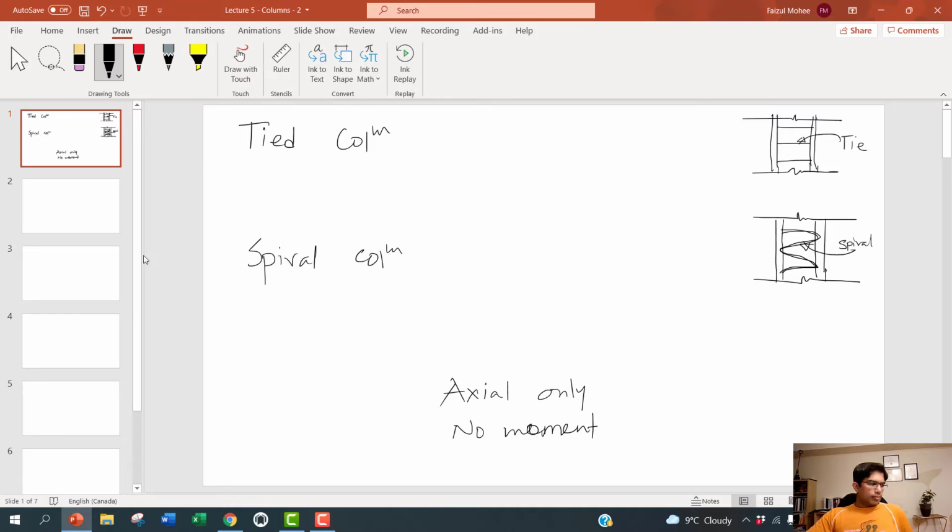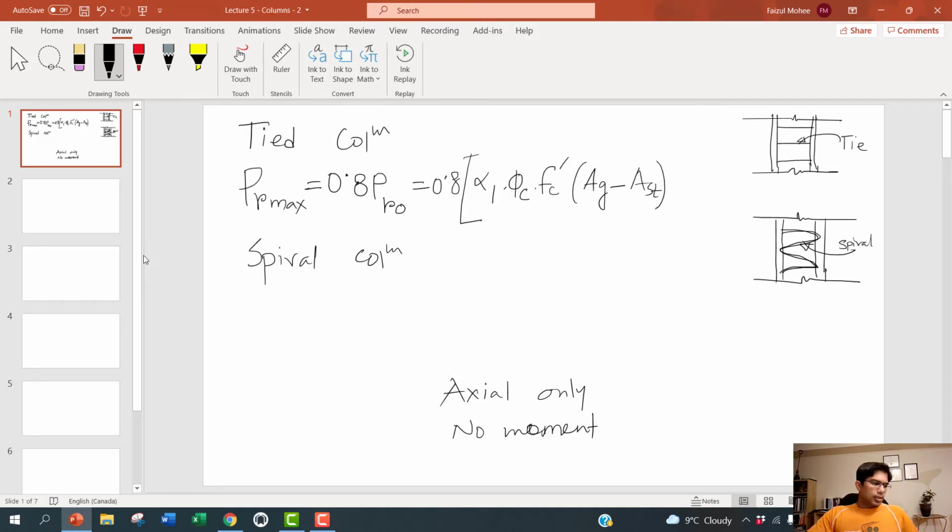The equation is P_r,max equals 0.8 P_ro equals 0.8 times [alpha 1 phi c f'c (A_g minus A_st) plus phi s f_y A_st].